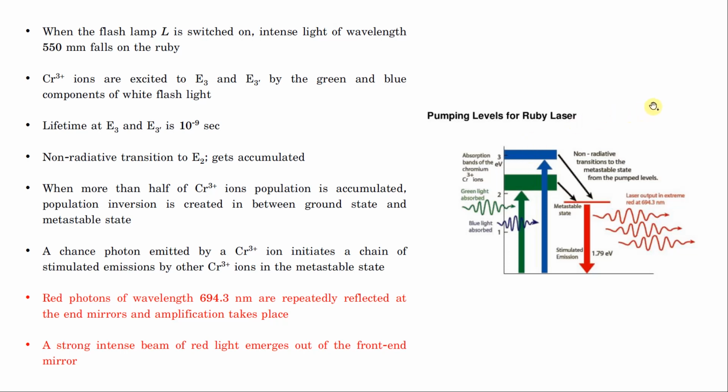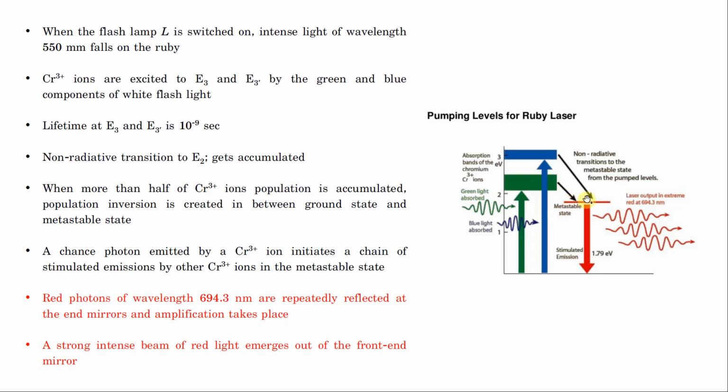At high energy states, the ion has a very short lifetime, of the order of nanoseconds. So the excited ions, once they reach here, undergo non-radiative transition and come down to a metastable state, which I am going to call level E2.